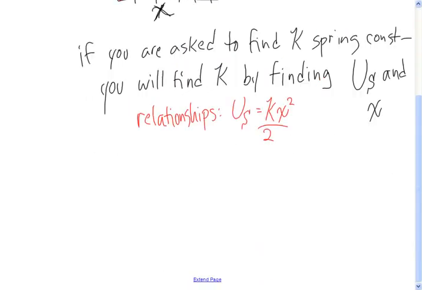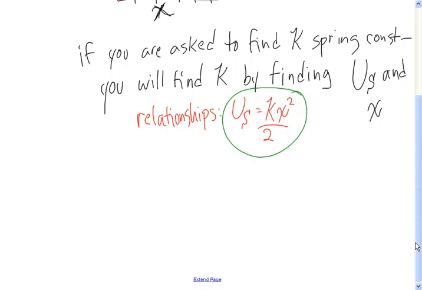So this is a relationship between three quantities. We have a lot of three quantity relationships. If you know two, you can find the third. So if you are asked about a spring constant, you're going to want to find that in elastic potential energy.